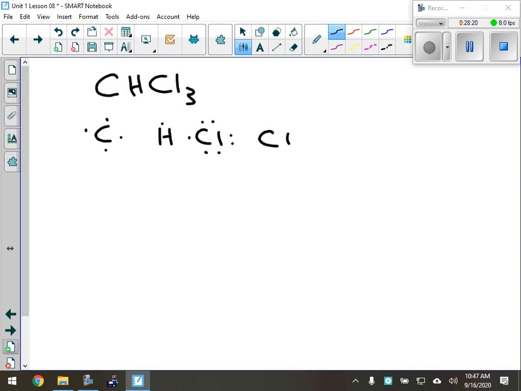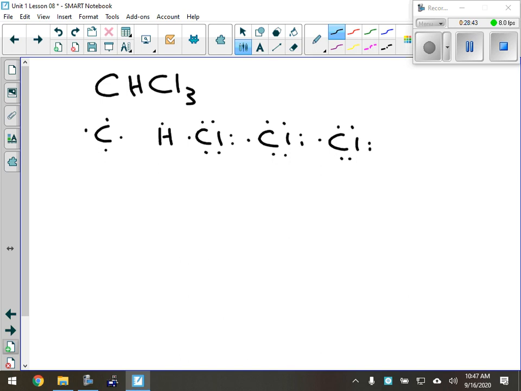Cl has 7. That's why I'm saying you got to be good at Lewis diagrams. Yes, you have to be good at Lewis diagrams because that's going to help you so much, and you have to be quick at them too, because then that's going to help you draw them quicker, and then we can get to the other stuff, because this is step 1 of like 7, basically, eventually.